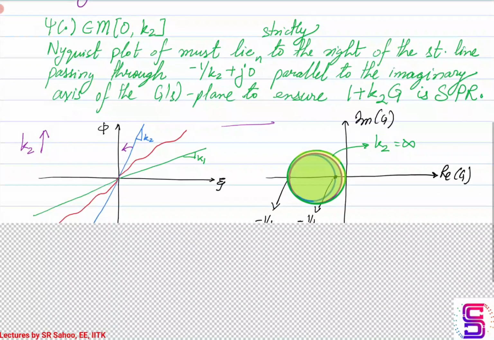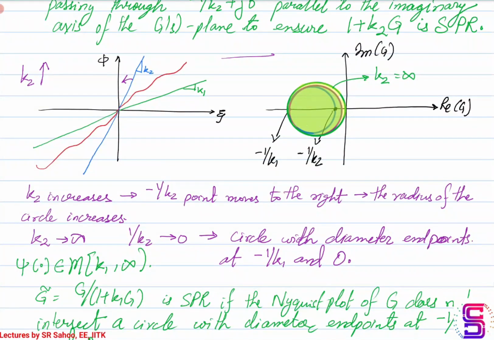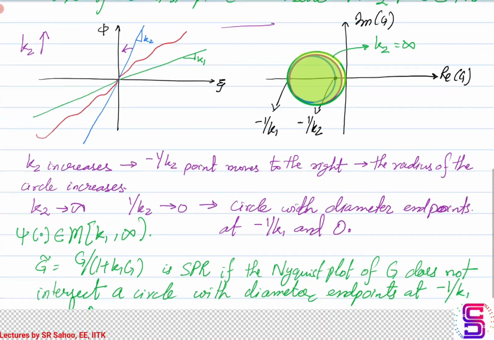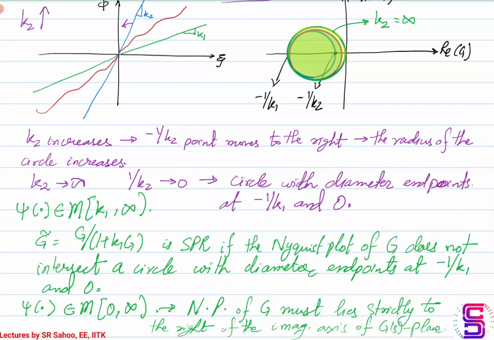And if you are considering a sector nonlinearity where the sector under consideration is the k1 infinity sector, then your Nyquist plot must not intersect the circle whose diameter endpoints are minus 1 by k1 and 0.